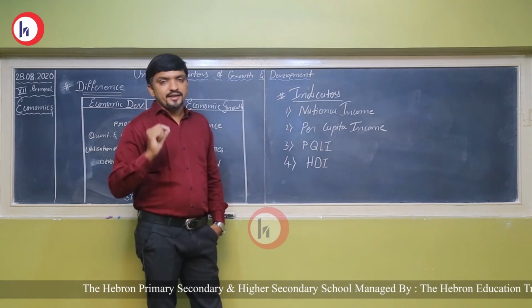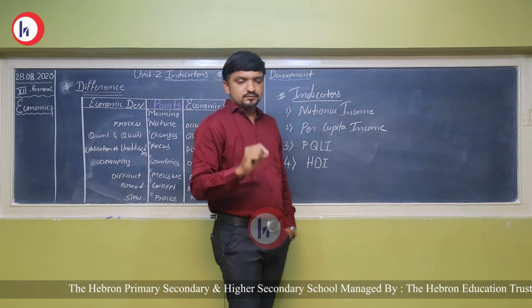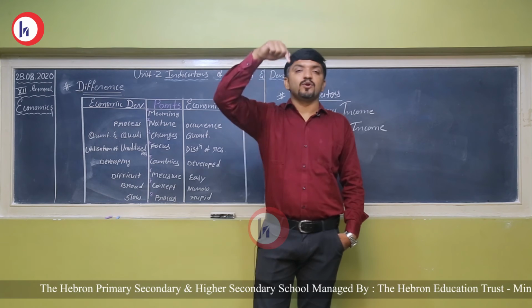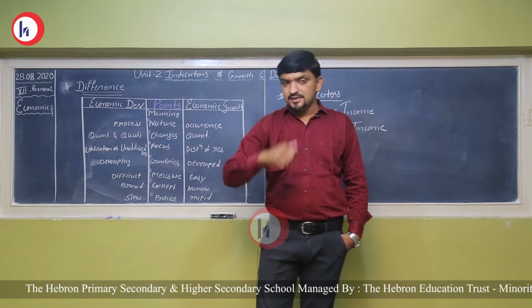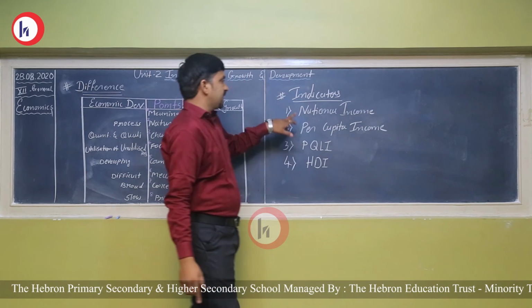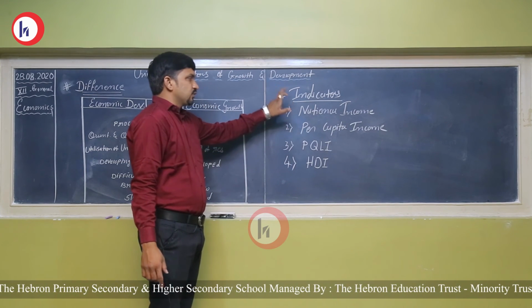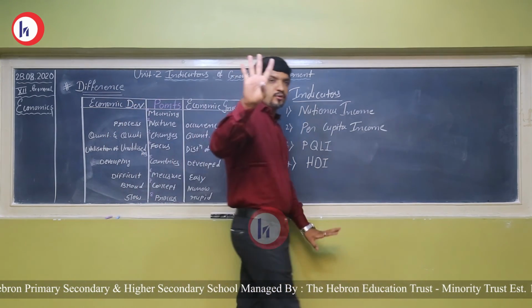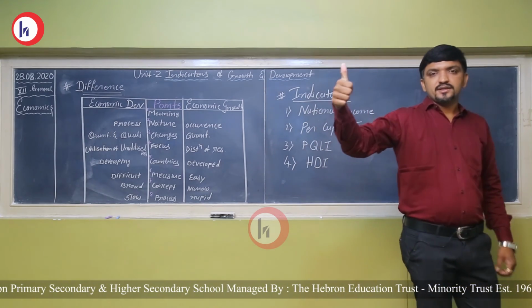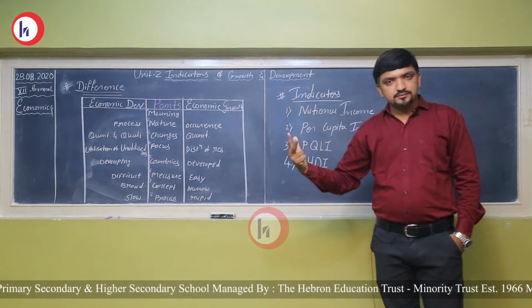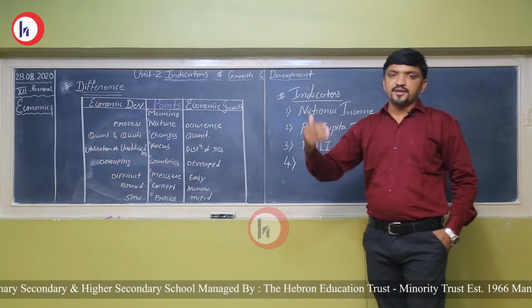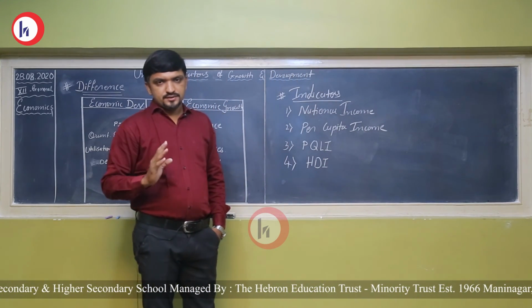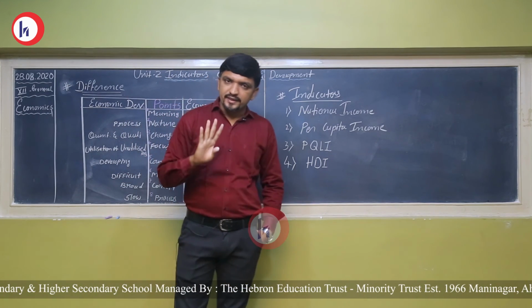As India is a developing country and the solution for the economic problems of developing countries is economic development, we are going to study the indicators of development. Total 4 indicators we have: national income, per capita income, physical quality of life index, and human development index.